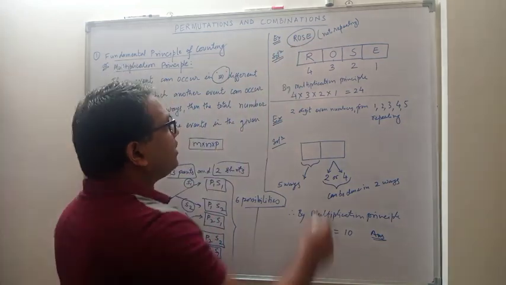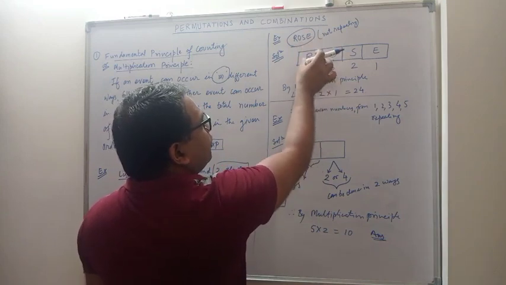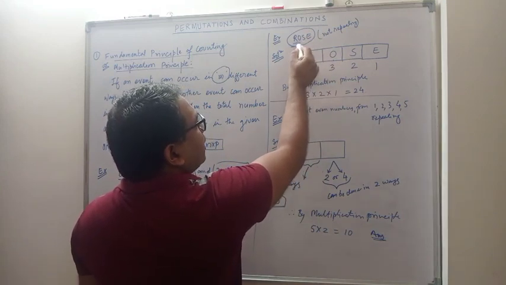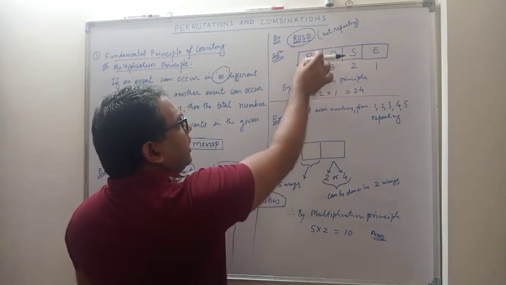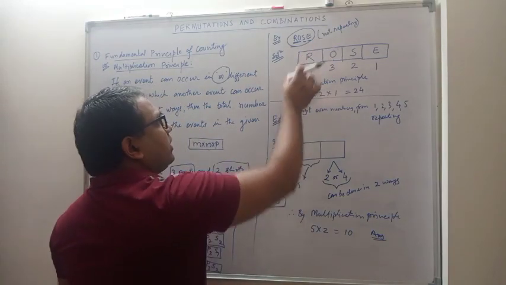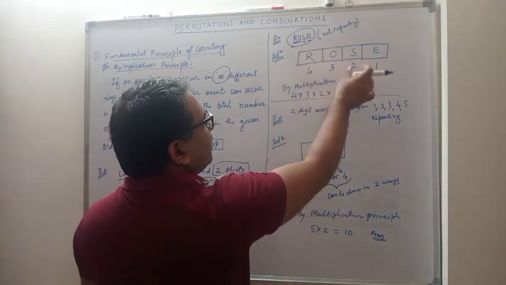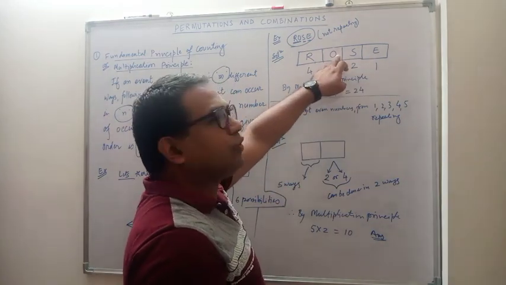I can pick any one letter and put it over here. So I can pick R, O, S or E; there are four options. If I put R over there, then three letters remain, so I can put any of three letters here.